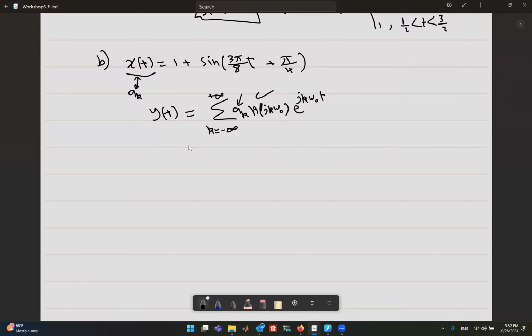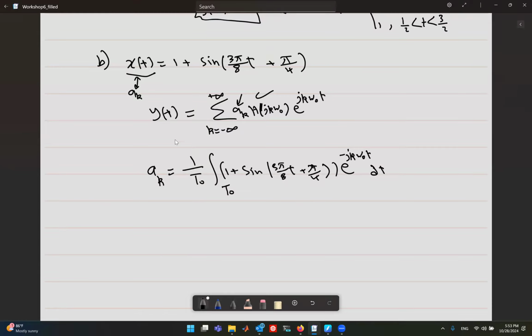We can do it using this equation. This would be the integral of 1 plus sine of 3 pi over 8 t plus pi over 4 times exponential minus j k omega naught t dt.